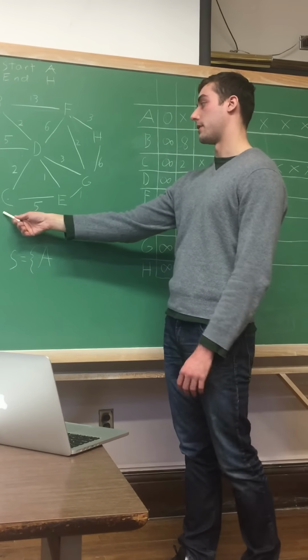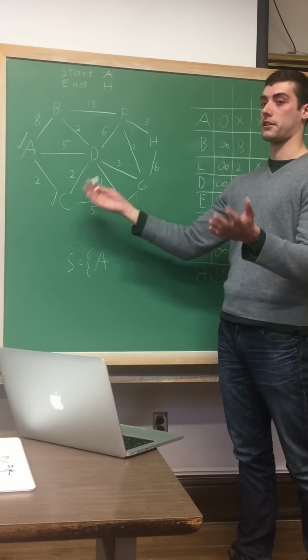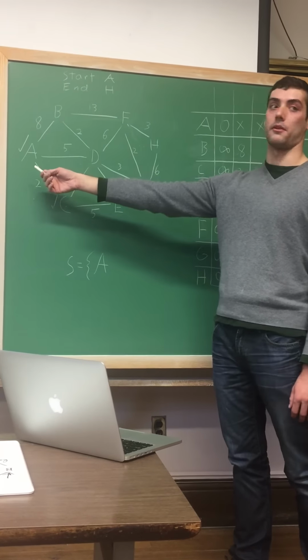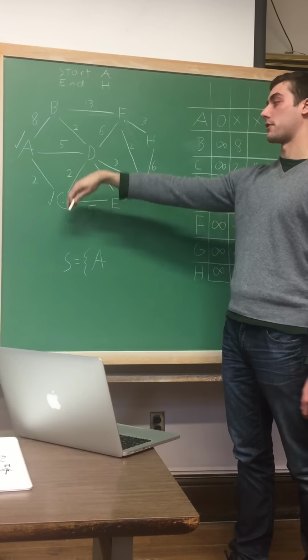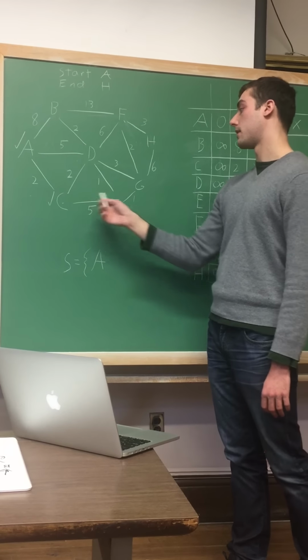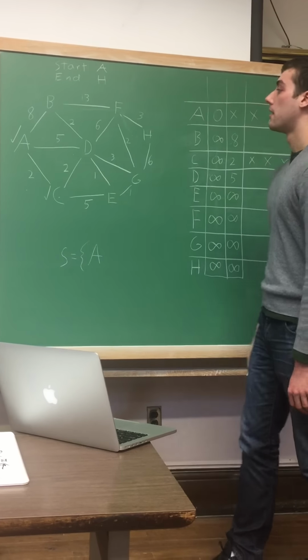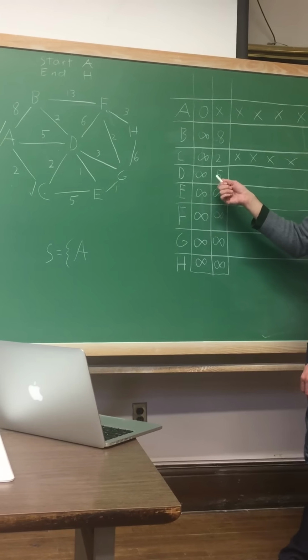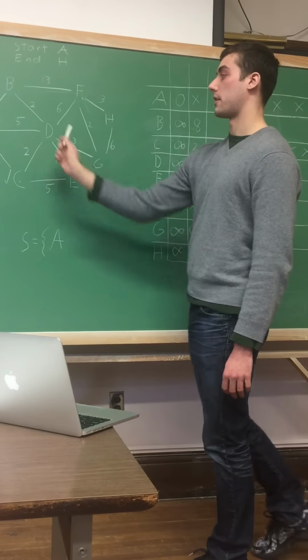So now that we're at C, our knowledge has expanded. We can look and see what C is connected to. It's connected to A, we already visited A, so we're not going to consider that. Now it's connected to D and E. We already looked at D, and we saw that the current path from A to D is 5, taking along this edge.